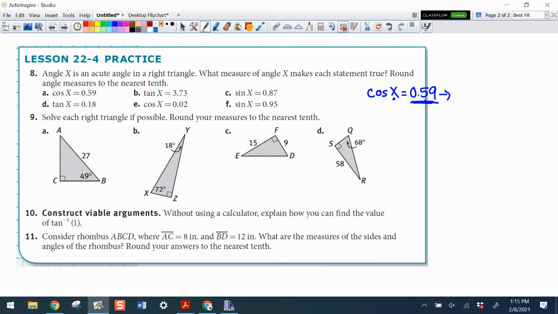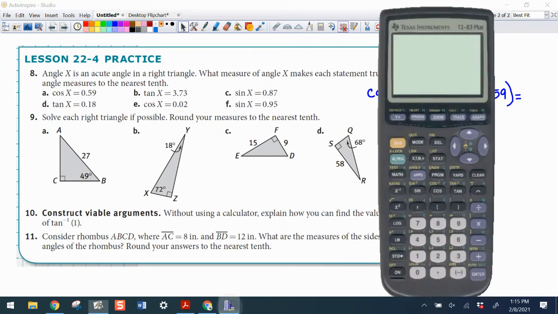This is the ratio, and a ratio is nothing more than a fraction. And another way to write a fraction, there you go, it's a decimal. So if this really is true, then the inverse cosine of that ratio should give us the measure of X. So the inverse cosine of 0.59 should tell us the measure of angle X.